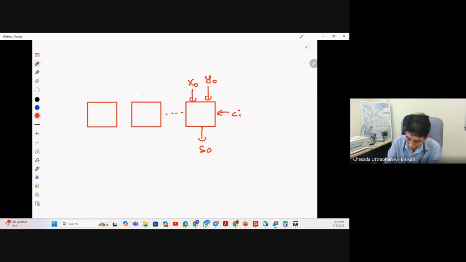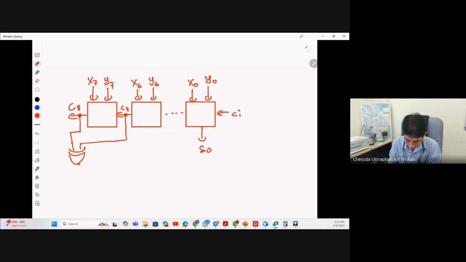Let's see, this is the number x6, y6. This is x7, y7. And this will be C7. This will be your C8. So same thing, when you want to detect overflow, you just connect these two to an XOR gate, and you will have the overflow as well.